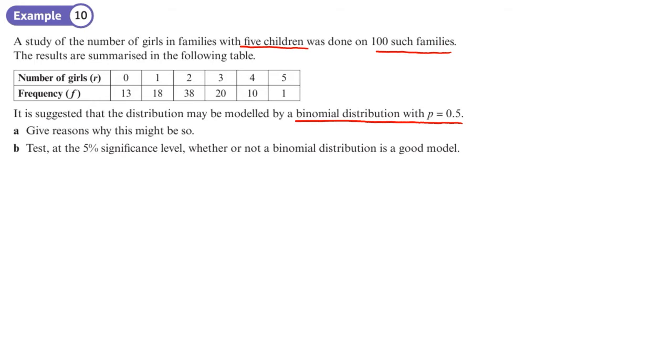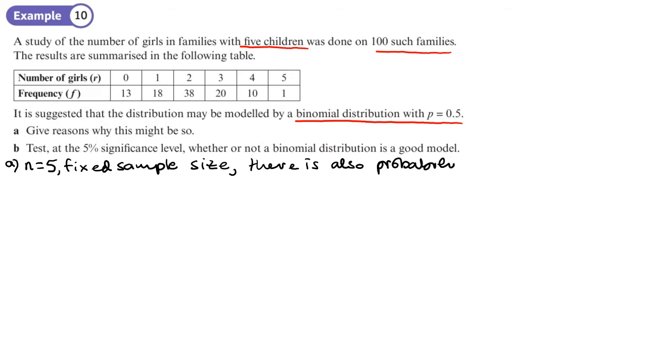Well, when can we use a binomial distribution? When there's a fixed number of trials, and that is they're looking at the number of girls in families with 5 children, so n equals 5 in this case. So we've got a fixed sample size. There is also probability of success or failure.